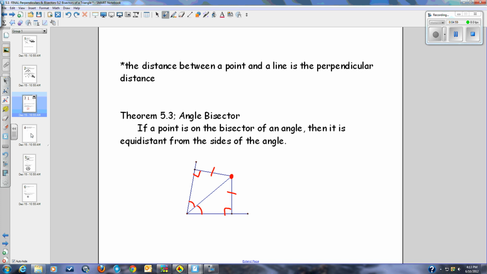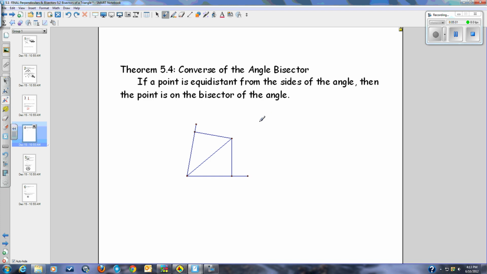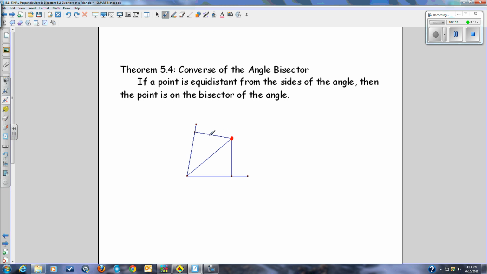Let's move on to the next page. Theorem 5.4 is the converse of the angle bisector. If a point is equidistant from the sides of an angle, so here's our point, and we've got these lines that are drawn perpendicularly to the sides of the angle, and they're the same length, we can conclude that this point must be on the bisector of this angle.